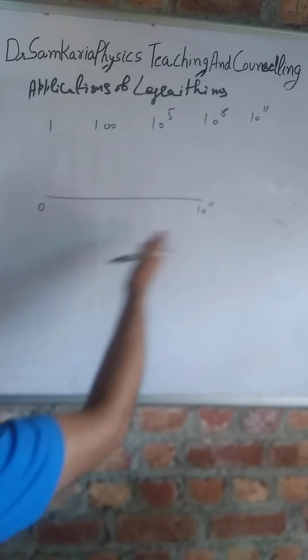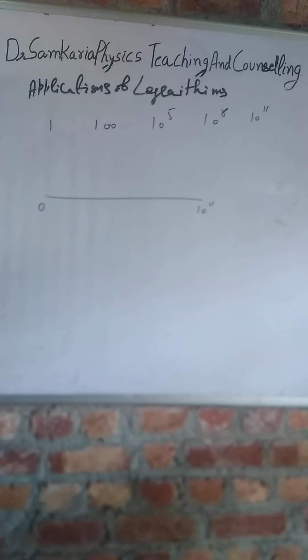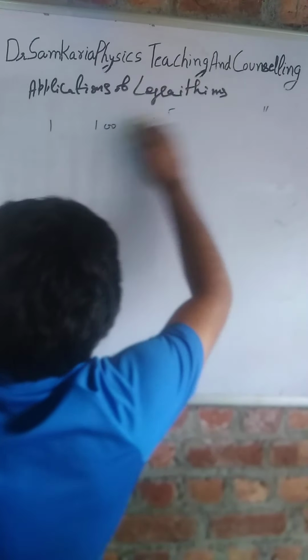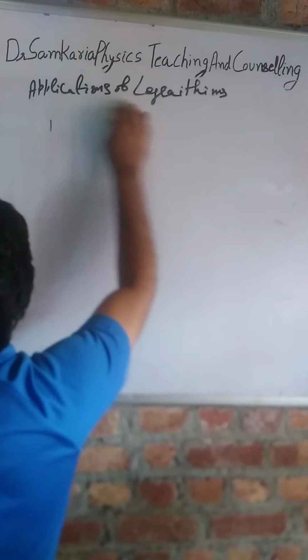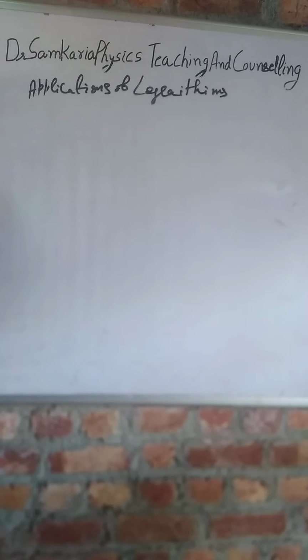So it means that you cannot show the variation of these numbers on a number line. So what is the solution of this problem? For the solution of this problem, we have to think in terms of logarithms.